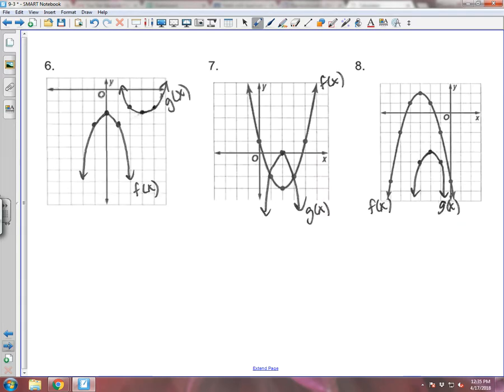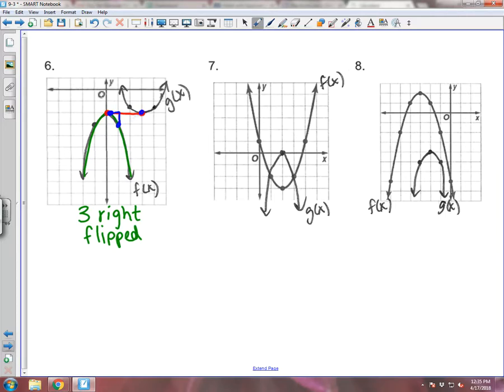Hopefully we're getting the hang of this a little bit. Here's f of x. That vertex was moved 3 to the right. It was also flipped. If you look at that parabola, it's been flipped over. Let's take a look at the width. In f of x, we're over 1, down 1.